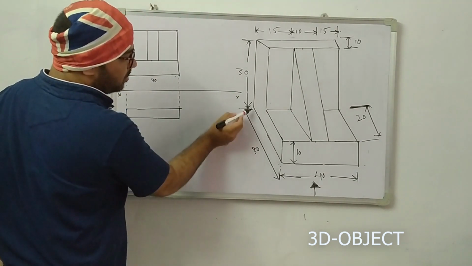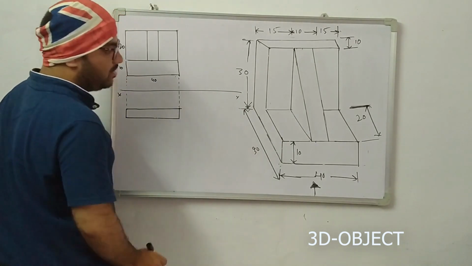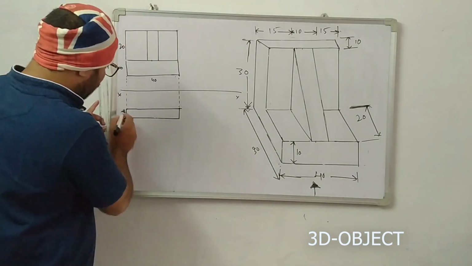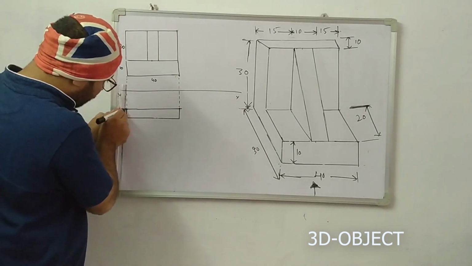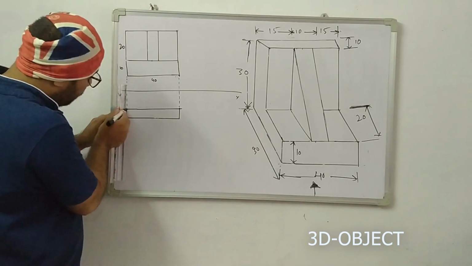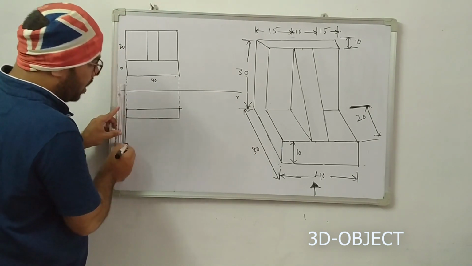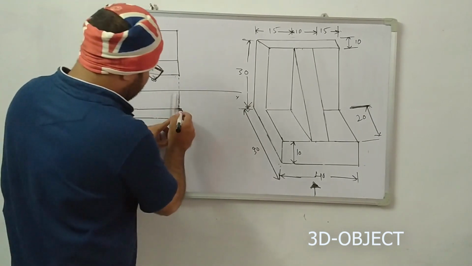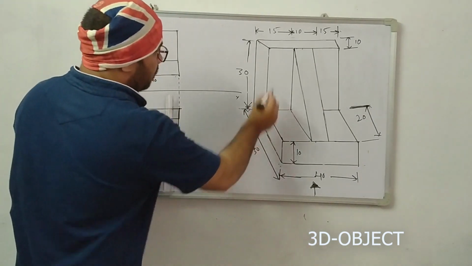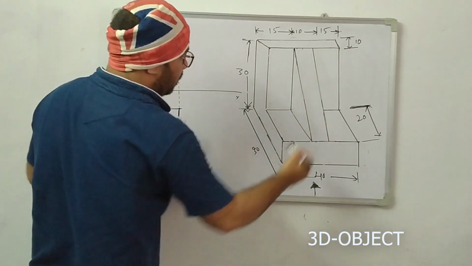Now the total width is mentioned from here to here. It is 30, so from the starting point to this point we have to draw 30. Now draw this line here also, so this transfers the total 30.